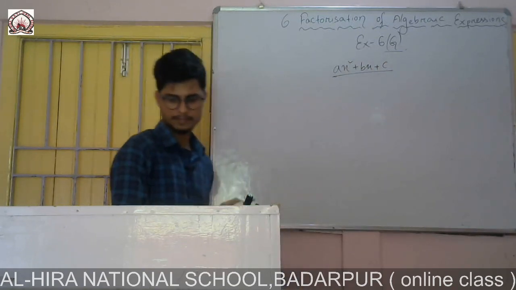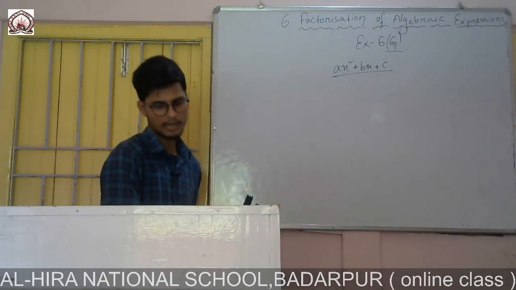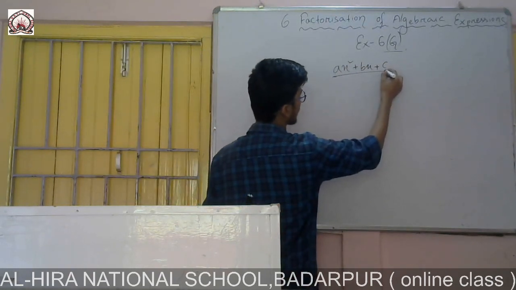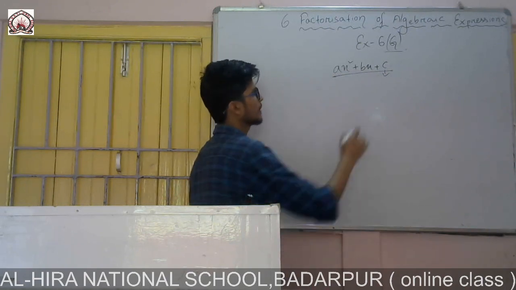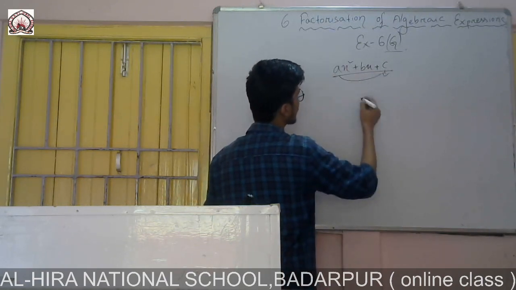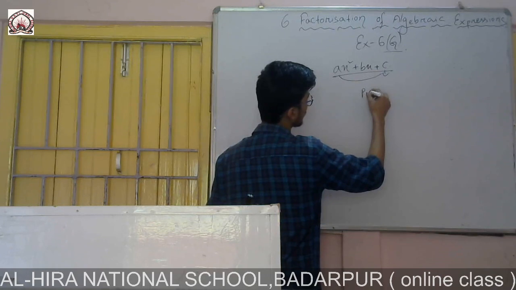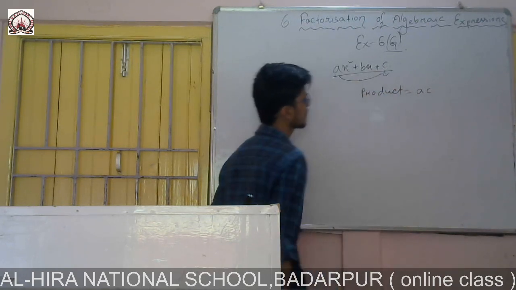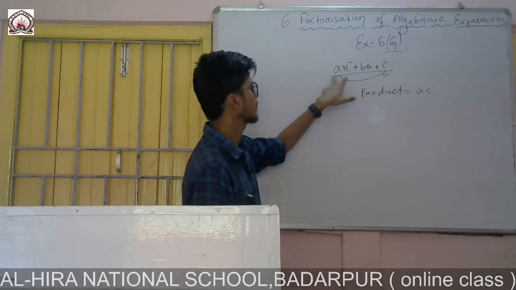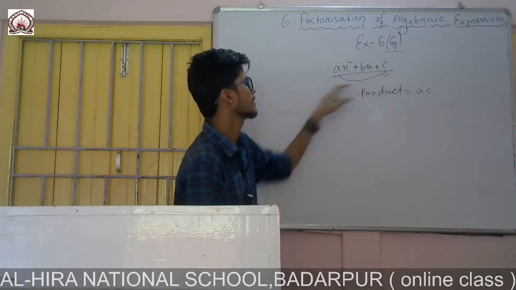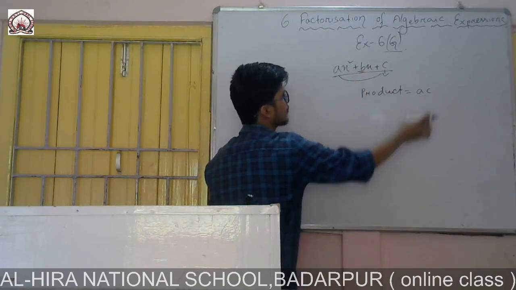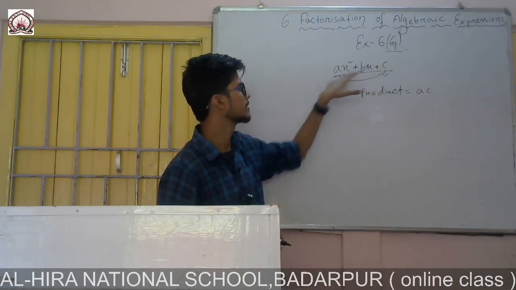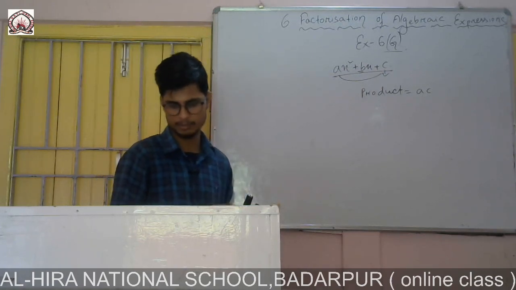Like earlier, we will do the same thing, but here you will multiply. Earlier there was only one constant term, but here you have to multiply a with c also. So the product will be a into c, and this b should be the sum of the factors of this a and c after taking out the product.